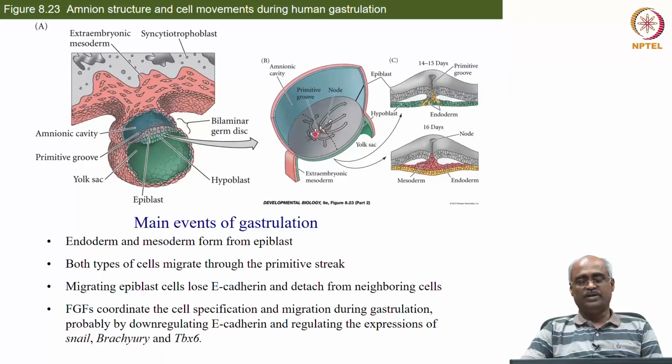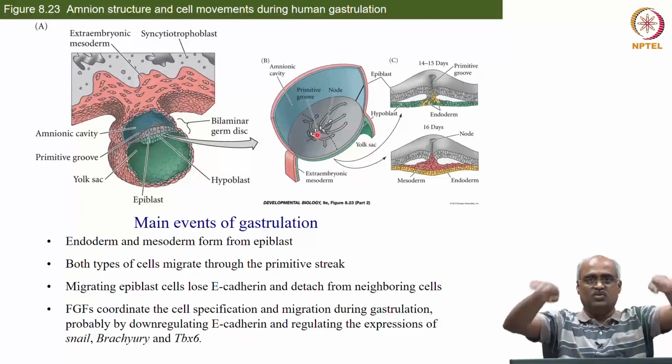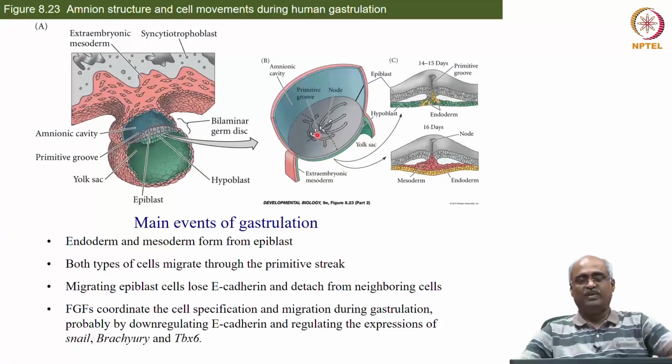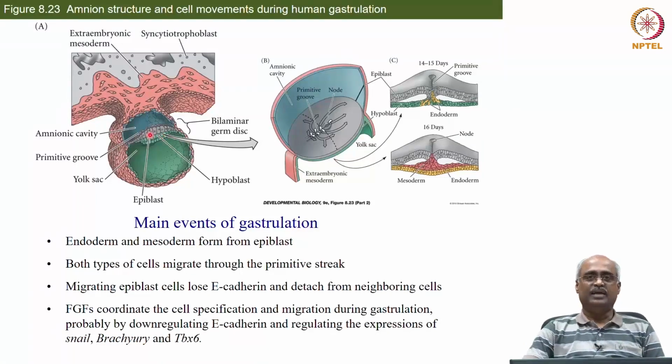So this node and primitive streak are structures through which the cells are going to go like this, go inward between these two layers. Okay, this gray and the green layers between the two, and that is how we are going to have the endoderm and mesoderm going to form. So that's the key event, endoderm and mesoderm form from epiblast.